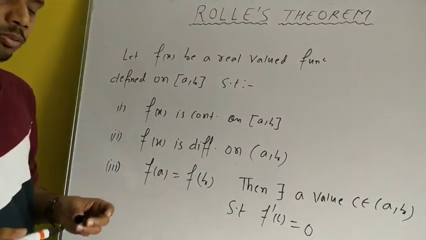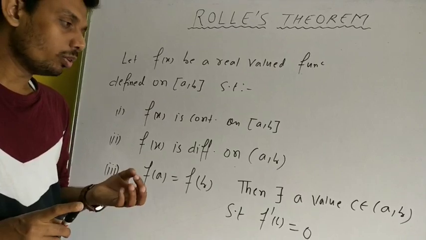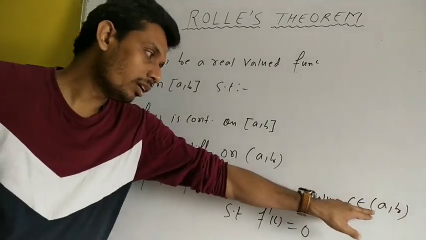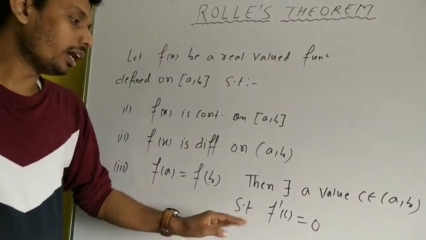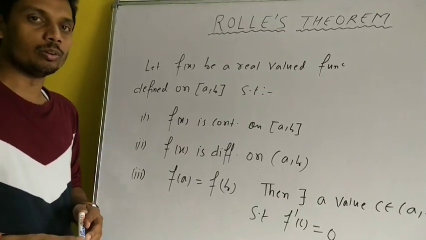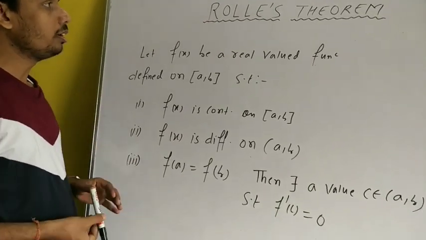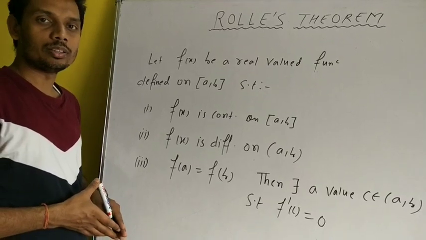At least one value we will get in the open interval (a, b) such that f'(c) is equal to 0. So this is the statement of Rolle's theorem.